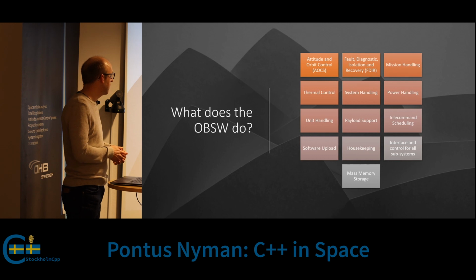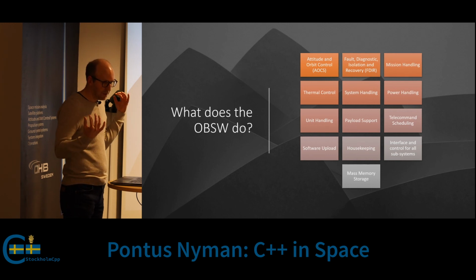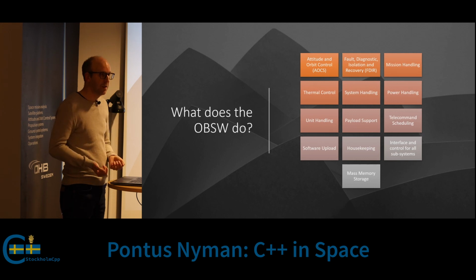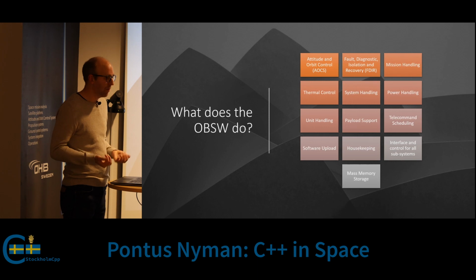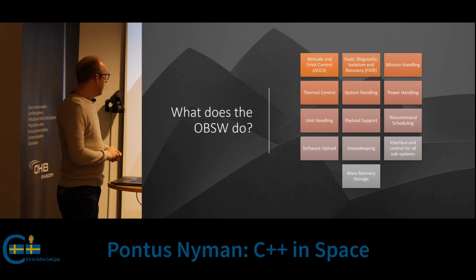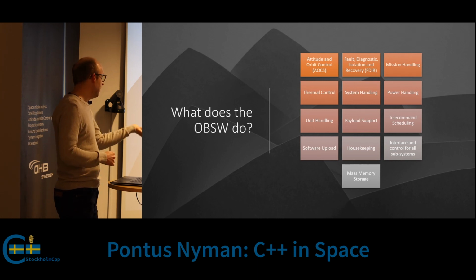So it's a kind of command queue system. And housekeeping, that means just that we try to receive all the telemetry we need to see that everything looks fine. And then we also have the mass memory storage. So there's quite a lot of tasks for the onboard software.